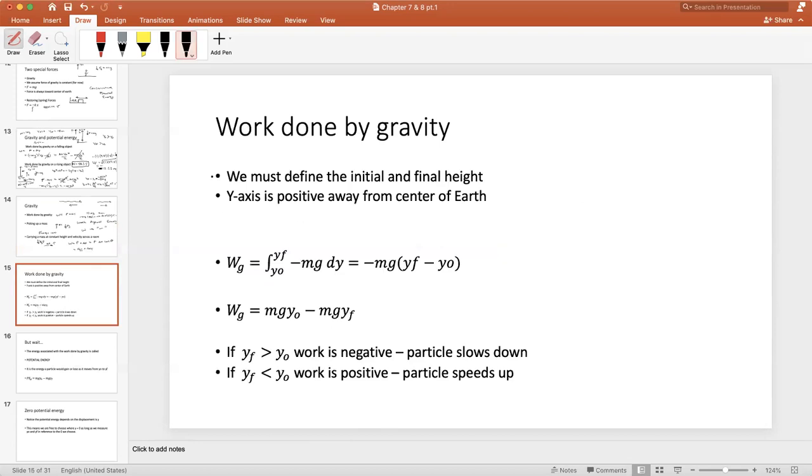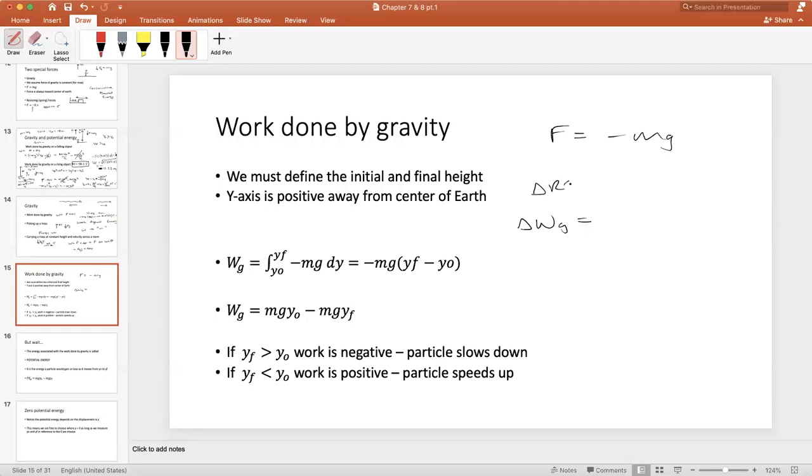So let's talk about the work done by gravity. Okay, we know the force of gravity is always negative. It's always negative mg. If we put it into this integral, you can easily see that you get negative mg dy. And so with that negative sign, these things flip from the normal. So the change of the work of gravity is actually backwards.